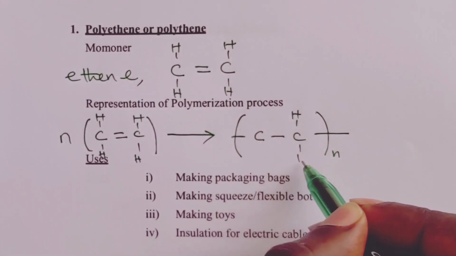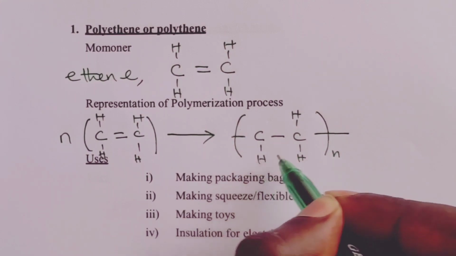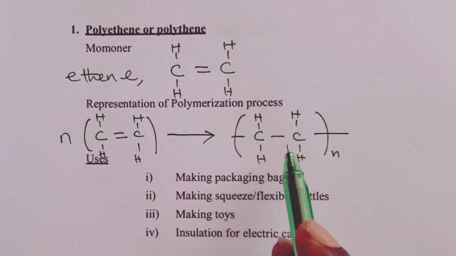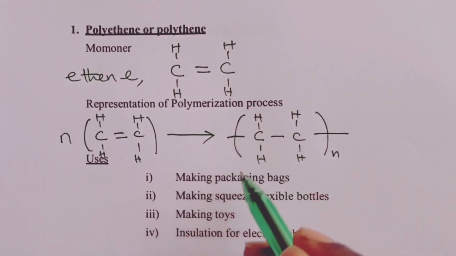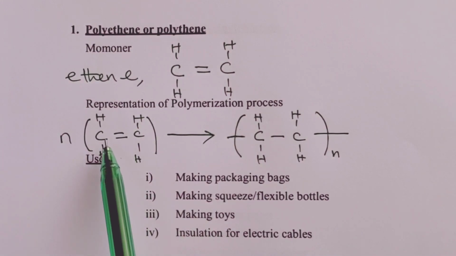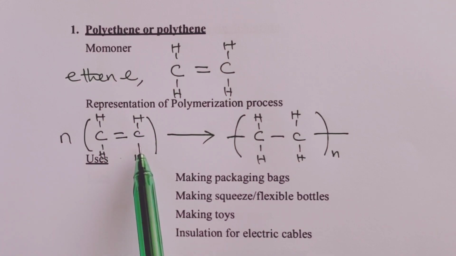Remember, the double bond would be broken, and then now we have an endless chain. So this is our monomer, ethene. This becomes the representation of the polymer polyethylene. One thing that a candidate should know is that we started with 2 carbon atoms in our monomer.